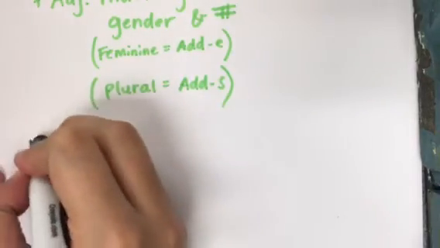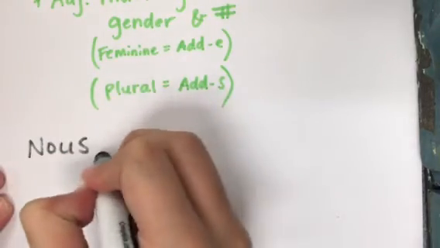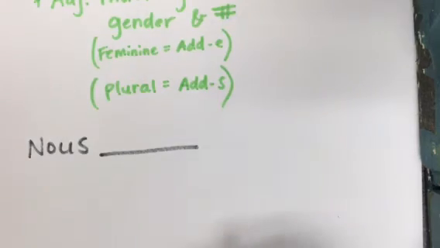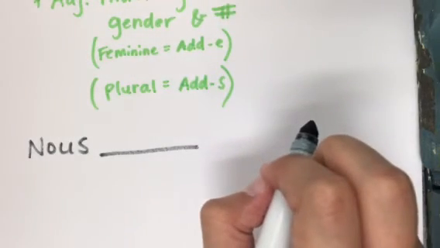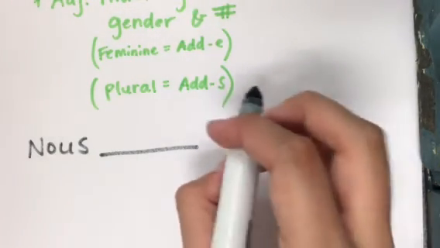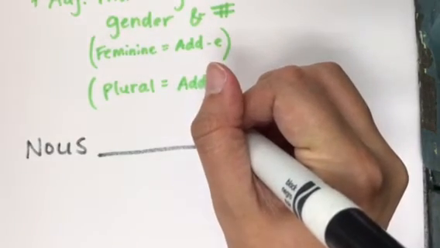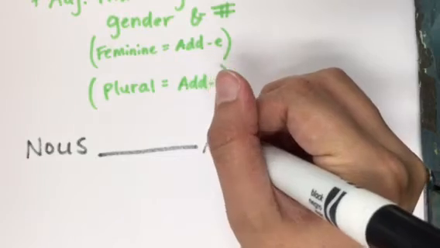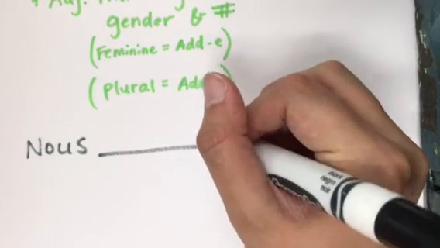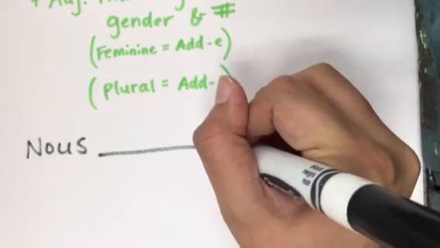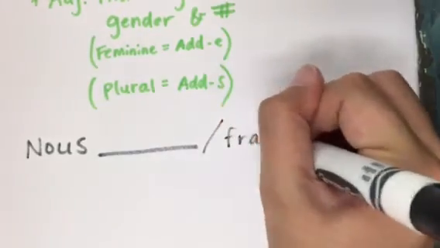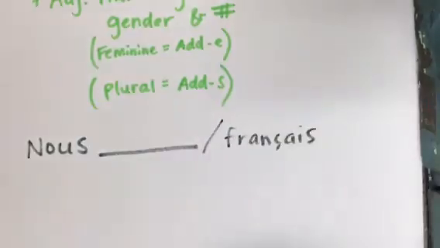You're going to have something like nous, blank. I did not know that this marker was dying. And then there's going to be some sort of adjective, okay? So let's go with français, okay?